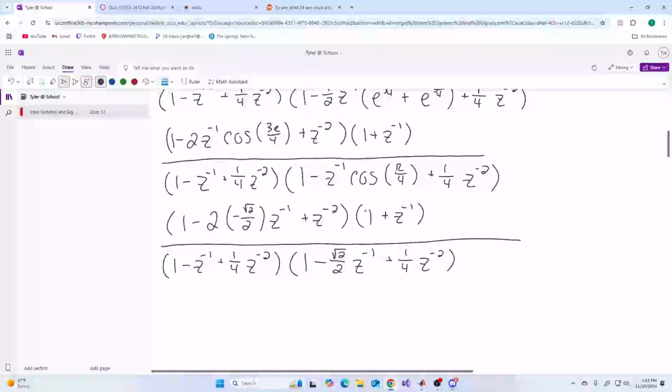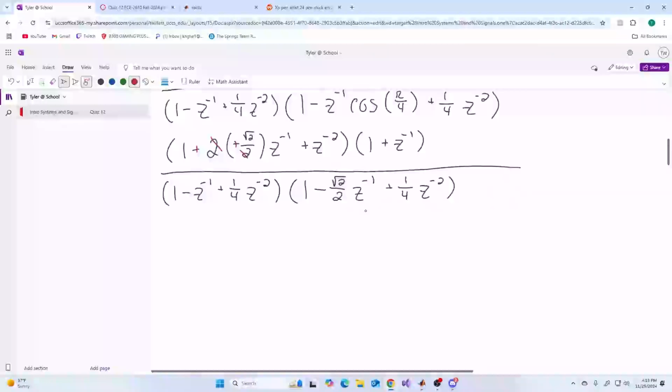Okay, the next thing I'm going to do is this and this are going to cancel out, and these are going to turn to a positive, because negative and negative things are positive. So I'm just going to rewrite this one more time.